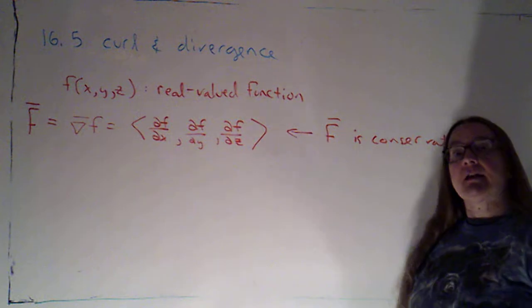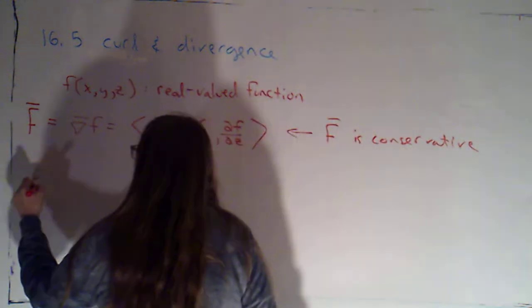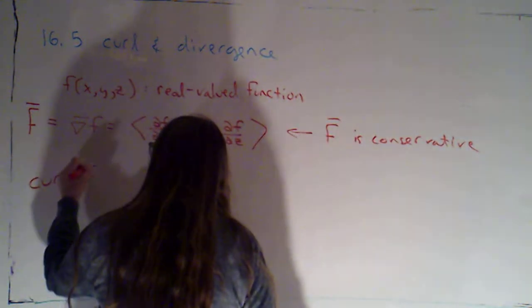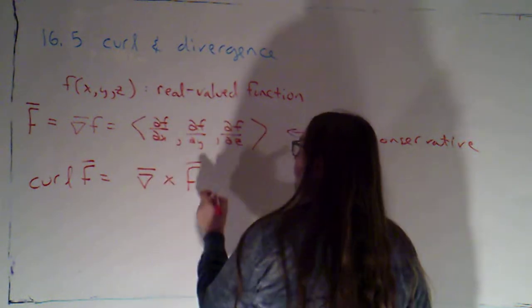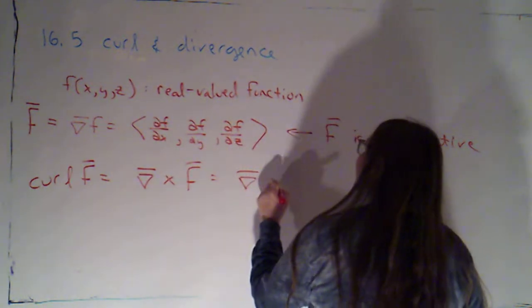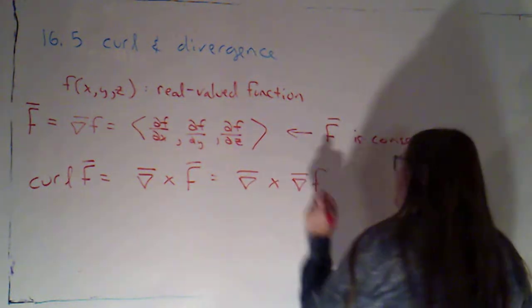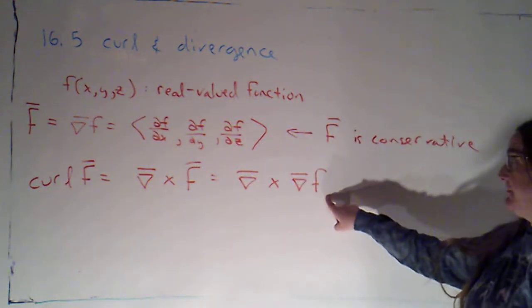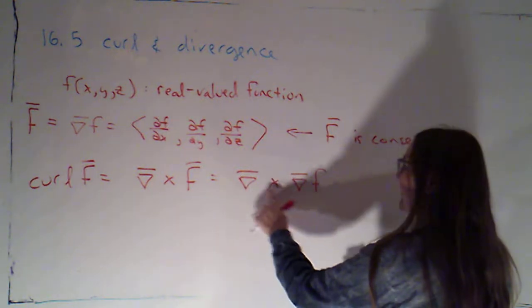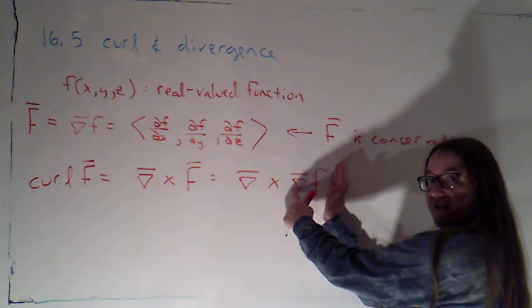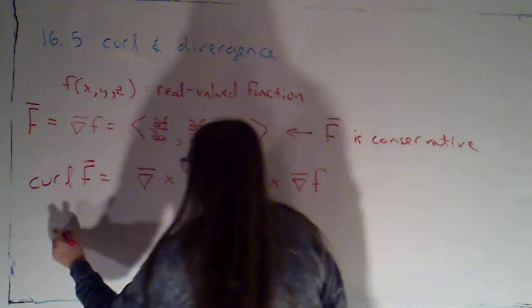So I'm going to now take the curl of f. So that's del crossed with f. Or if you prefer, I could write it as del crossed with del little f. Okay. So I'm taking the del operator and crossing it with the gradient of this real valued function.